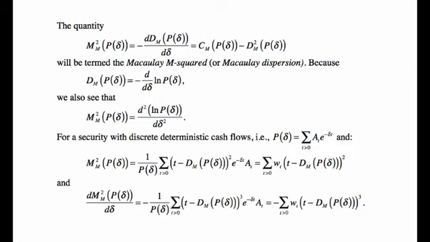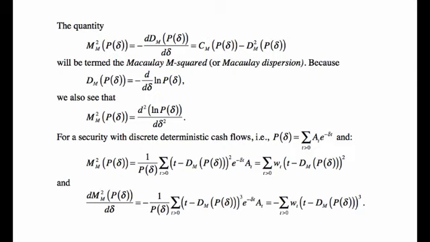It is called the Macaulay m squared or Macaulay dispersion. Because the Macaulay duration is minus the derivative with respect to delta of the natural logarithm of the price, we also see from this that the Macaulay m squared is actually the second derivative with respect to delta of the natural logarithm of the price as a function of delta.